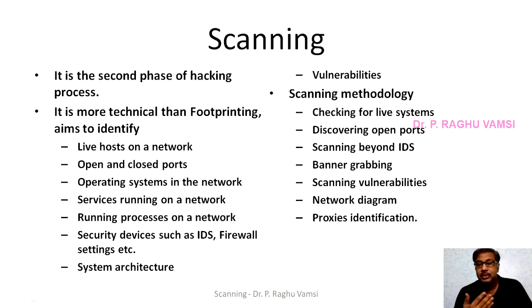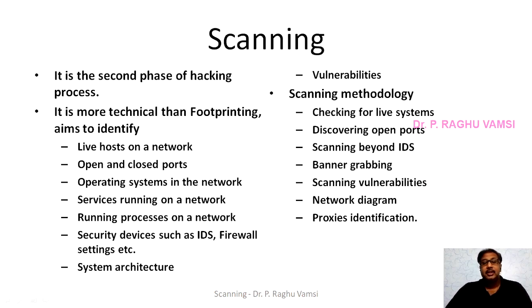Once we know that, it is very easy to exploit that vulnerability to crack the system and enter into it. That is the reason operating system information is also very important.